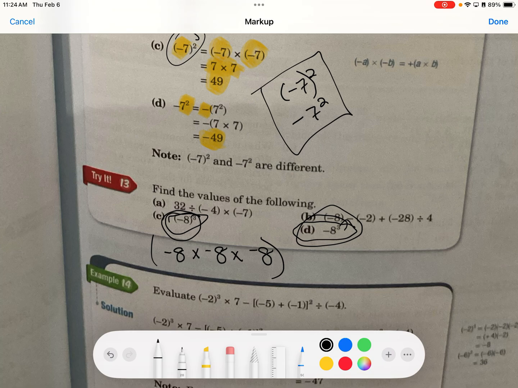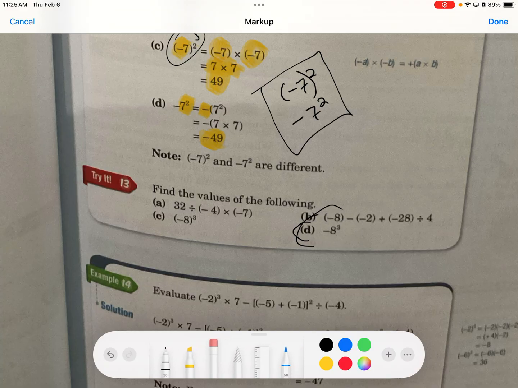Computing. My question is, is it going to be positive or negative? Positive. Why? Because these first two are positive, and then we're multiplying by a negative. So we end up with a negative. Now, in likeness, this guy over here, we're going to end up with the same answer. And that's because the exponent is odd.